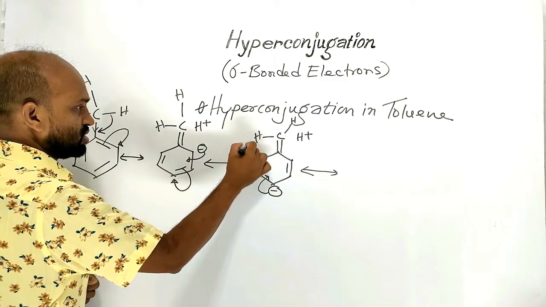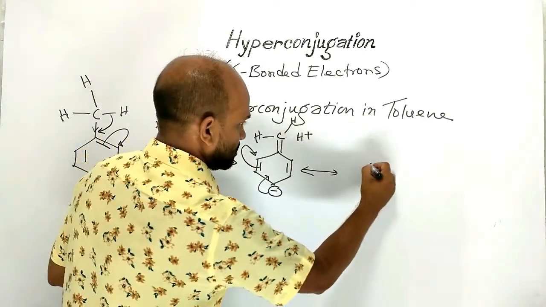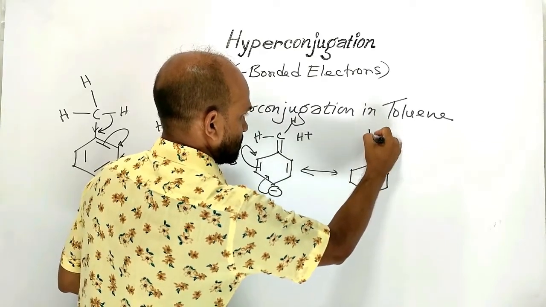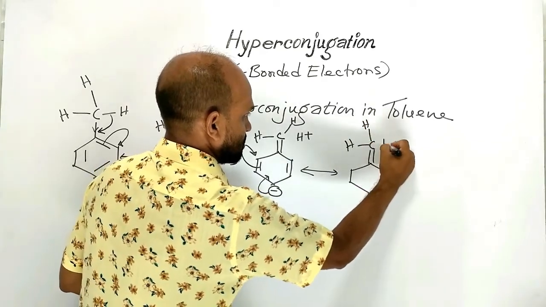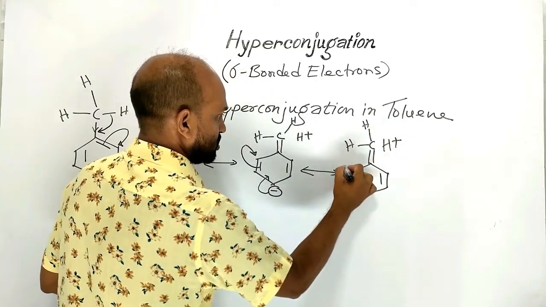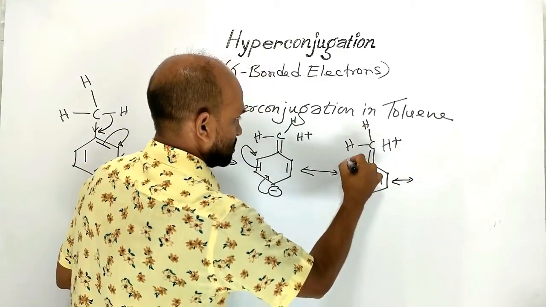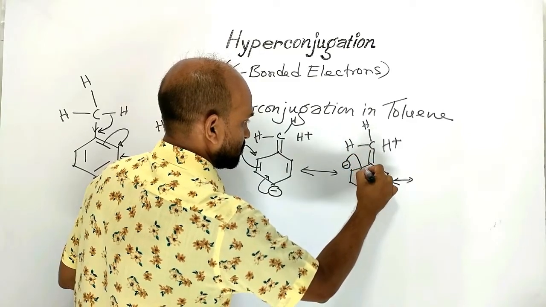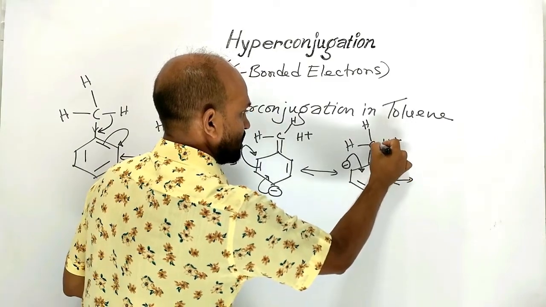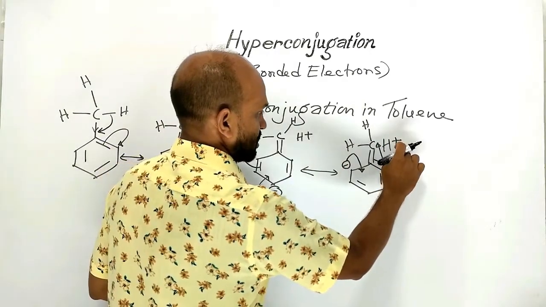These covalently bonded electrons turn into lone pair electrons, and we get hydrogen, hydrogen, here hydrogen with no bond, here double bond, here double bond, here electron pair. Again this lone pair will form a covalent bond. This covalent bond will again turn into a sigma bond between carbon and this hydrogen.